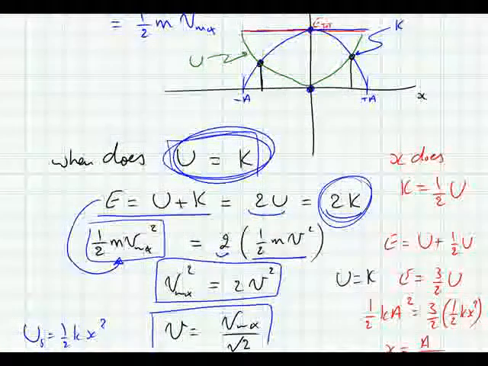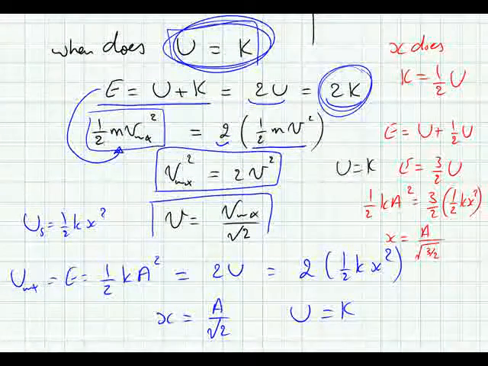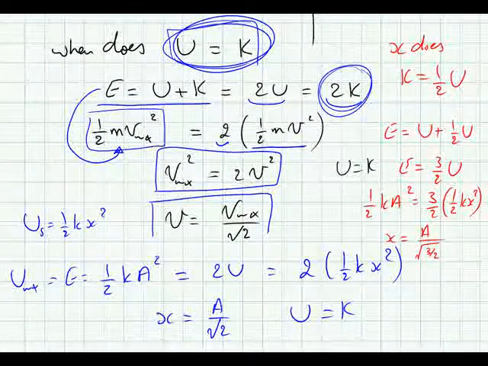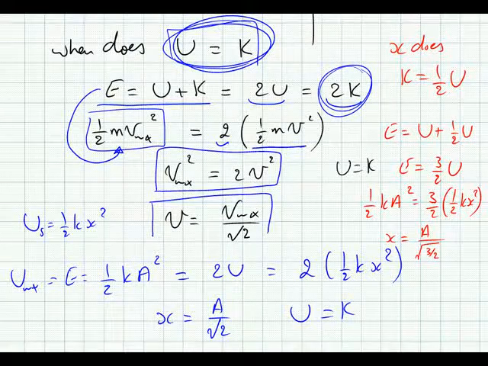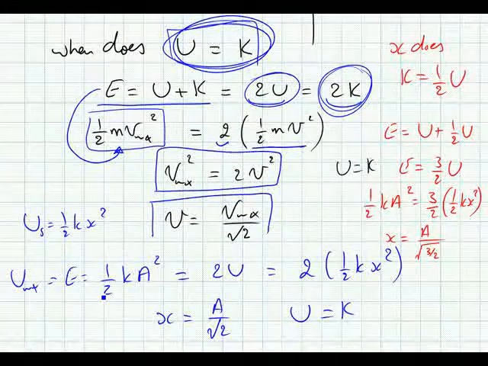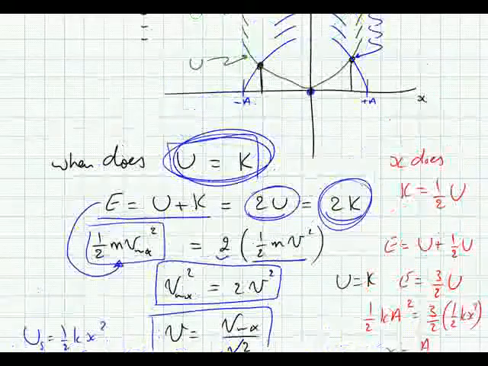Now, if you're interested in figuring out this answer for position, so at what position do kinetic energy and potential energy equal, then of course, because it's position, we use 2U, the potential energy expression. Now the maximum potential energy is given by 1/2 k a squared, which is equal to the total energy of the system. That once again is from our curve up here.